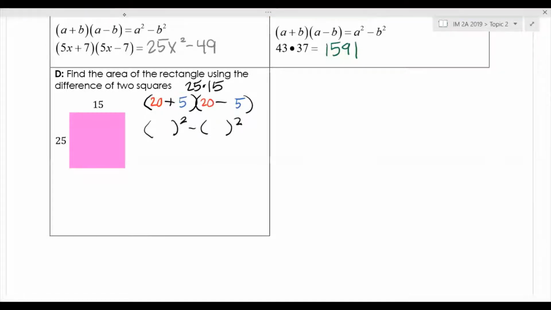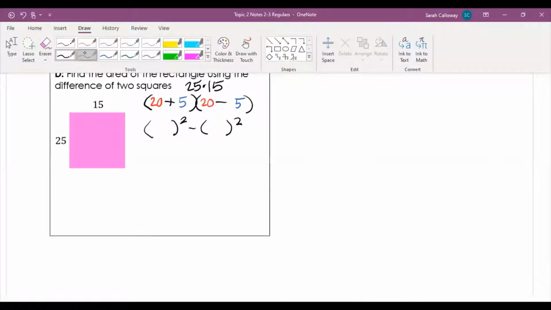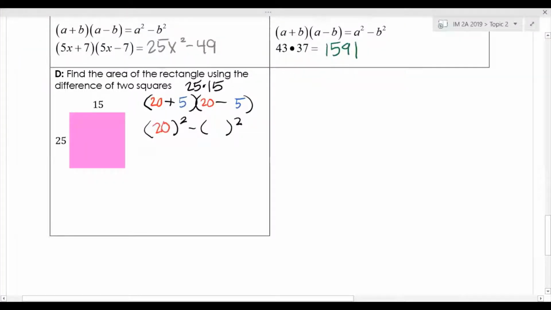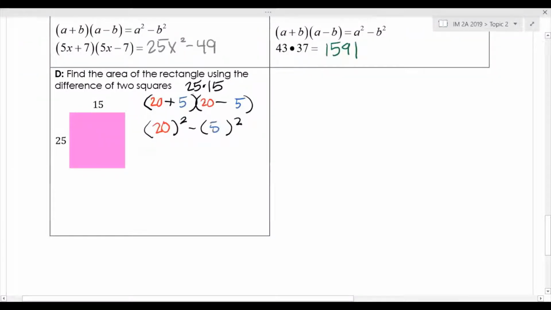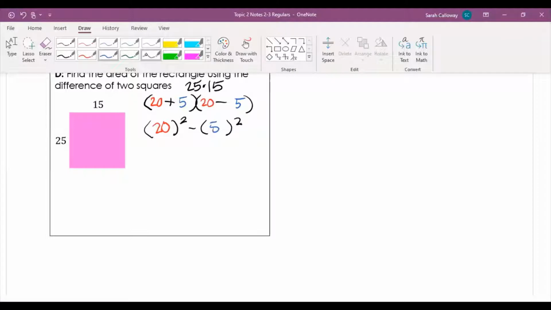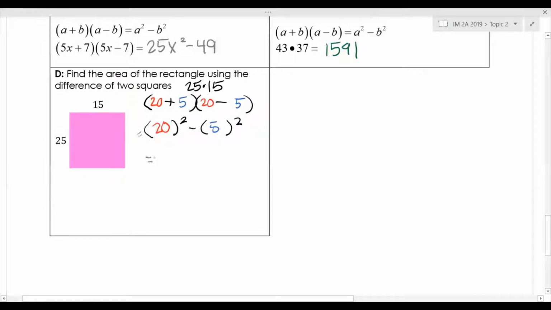So if I square 20, and I square 5, and I subtract those two numbers, that's going to give me my result. 20 squared is 400. 5 squared is 25, so the area of this rectangle is 400 minus 25, or 375 units squared.